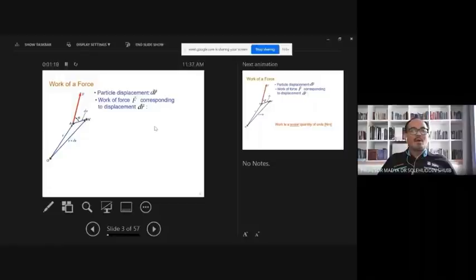Just to recap, when we talk about work, is it a scalar or a vector? And what will be the unit of it?